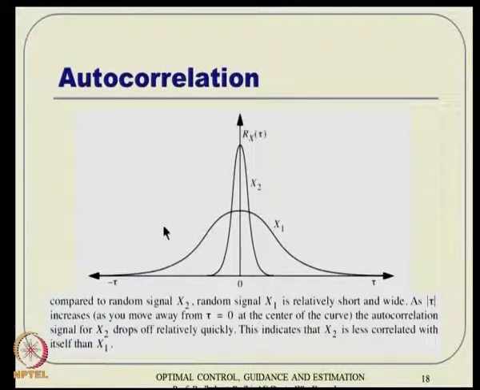Now, we have, let us say, two signals x1 and x2. Now, we want to see which is more correlated with respect to itself, actually; autocorrelation tells us that. If you see x2 and x1, x1 turns out to be short, but it is wide actually.